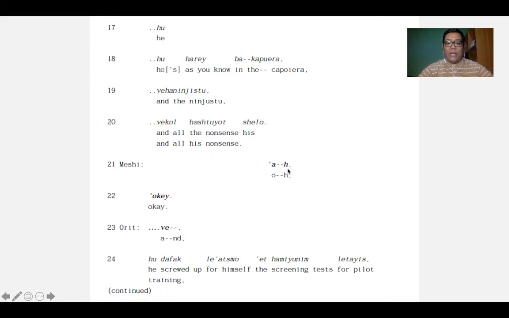And then we also have here O. Okay, the O could also be another feeler because instead of actually saying the response or the expected response, Meshi here opted to use O to replace the actual expression or discourse. And then okay here may signal as an affirmation. And so the prolongation of this one in this context may also signal that this one is a discourse marker. Okay?